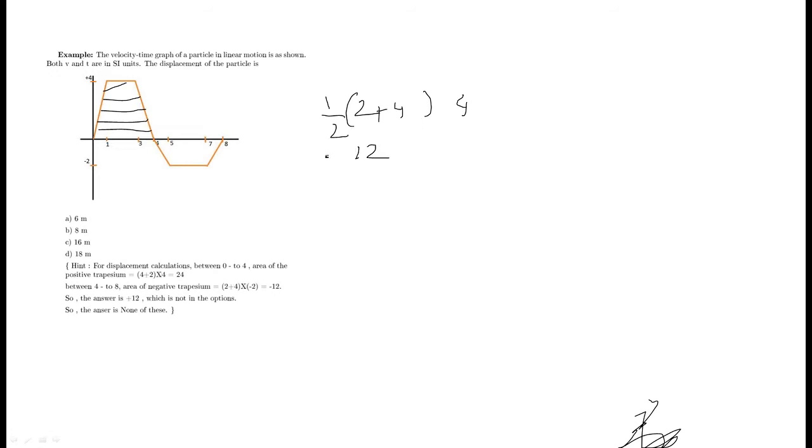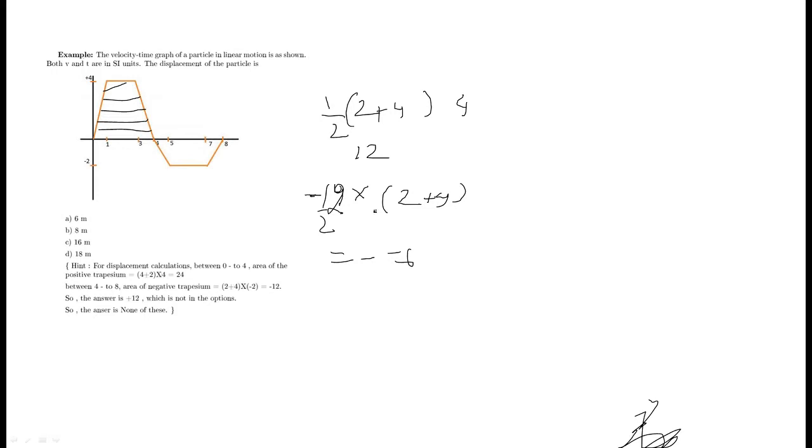So the first area is 12, the second area is 4 with a minus sign, half into 2 into 2, equal to minus 6. So we have 6 as the displacement.